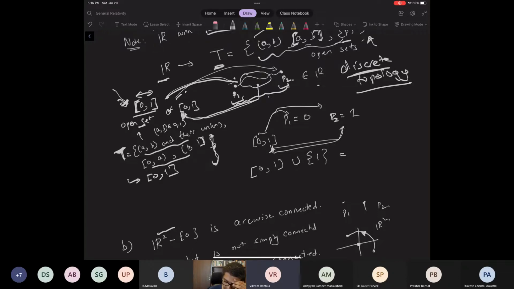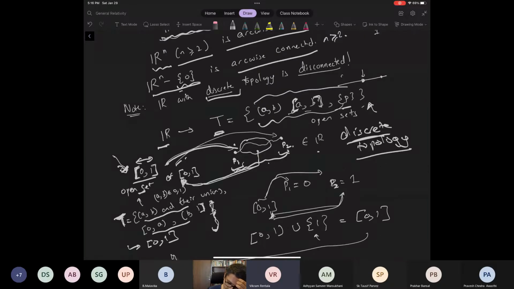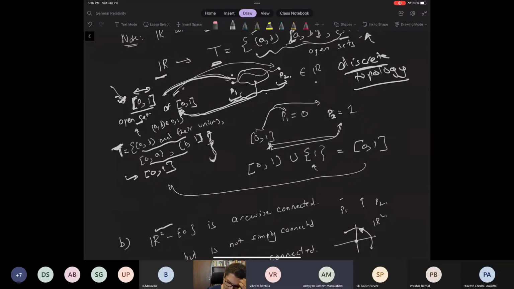And this whole thing is an open set in T. No, if you just take the inverse image of P2, which is an open set in your P1, P2 discrete topology, you'll get 1, which is not an open set in your usual topology, the inherited usual topology. Ah, okay, thank you. Yes, good.